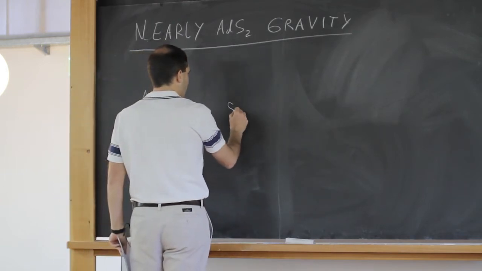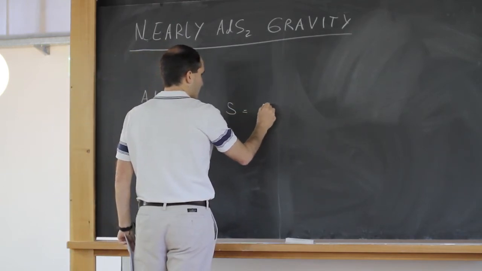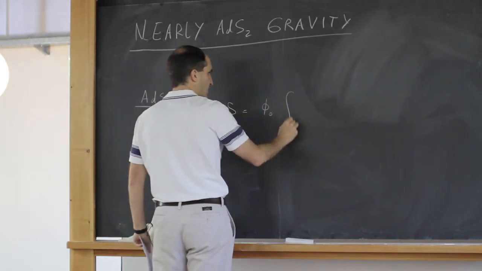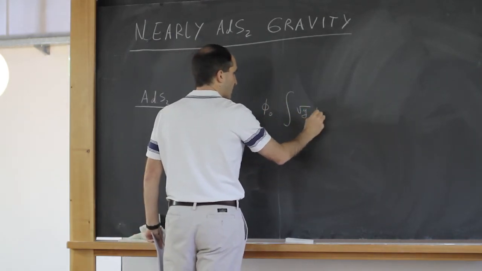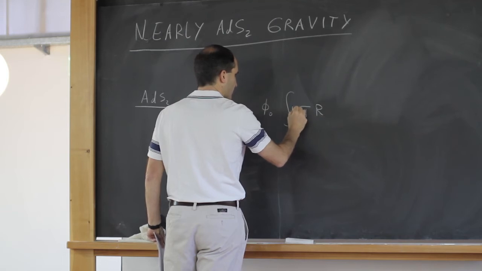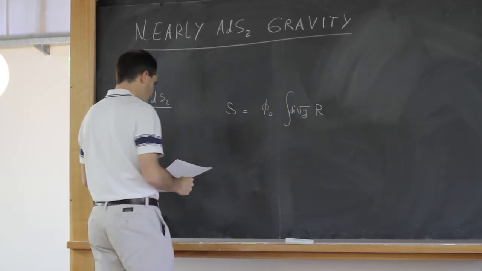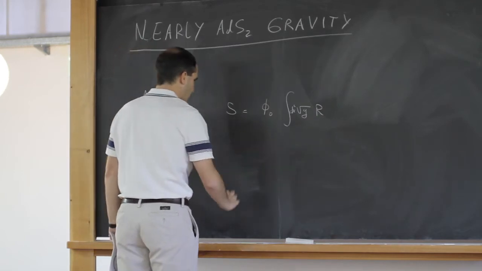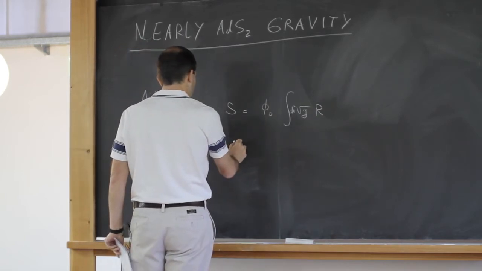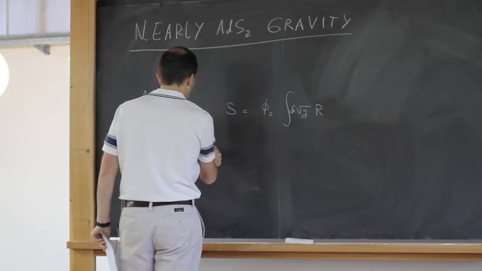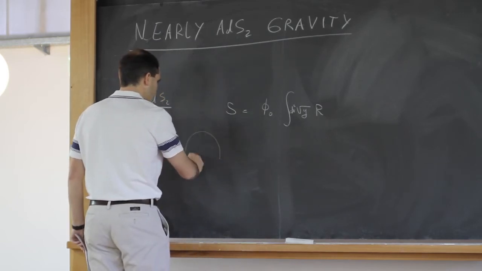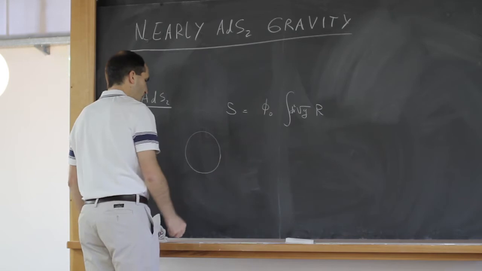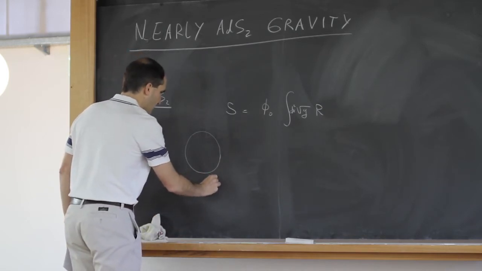AdS2 gravity naively would be described by an action which is some constant times the integral of square root of g R in 2 dimensions. If you start with this action, you can calculate some things like the entropy of the black hole. Imagine you have, let's say, a Euclidean configuration, which would be hyperbolic space, H2.